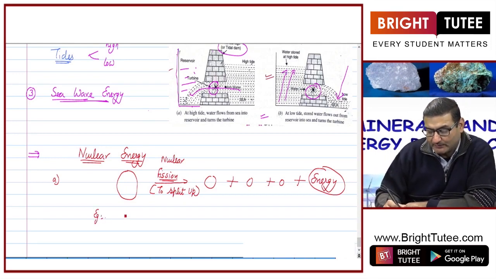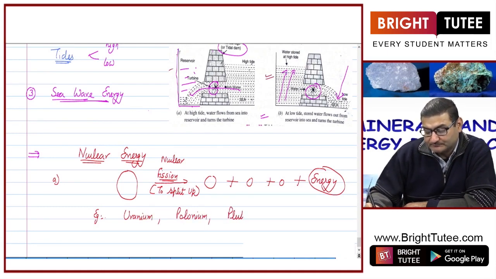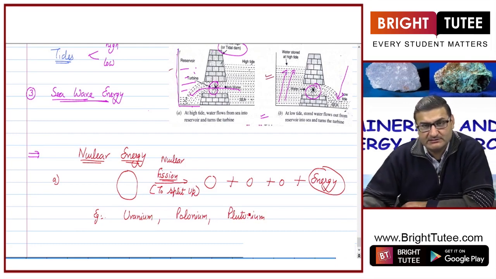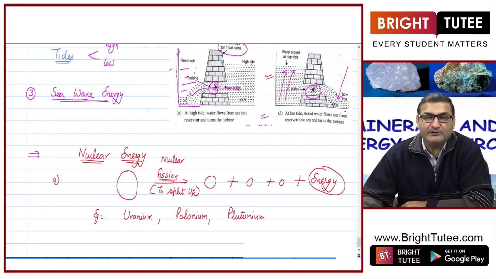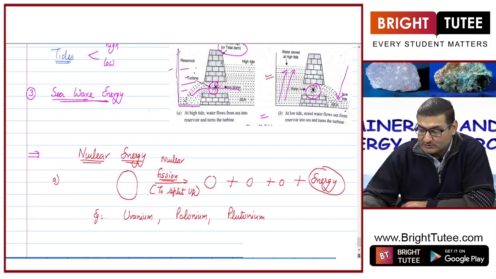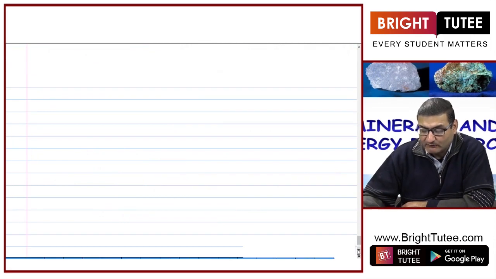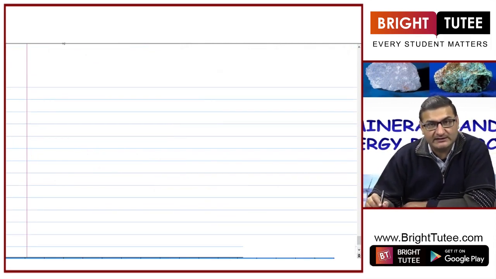For example, you need to remember uranium, or we can take polonium, or plutonium, and many more. You need to remember 2 or 3 examples. These are all heavy nuclei. They are all the elements which have very big atomic mass, very big nucleus. Fine. So, this is one way by which we can utilize the nuclear energy.